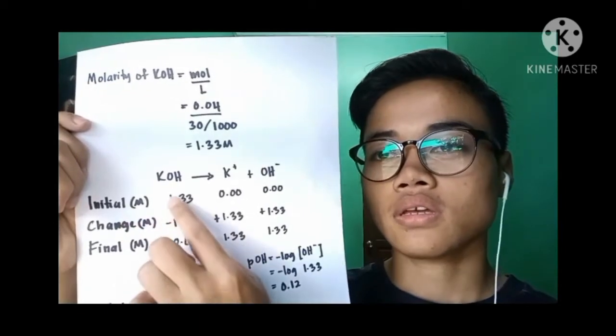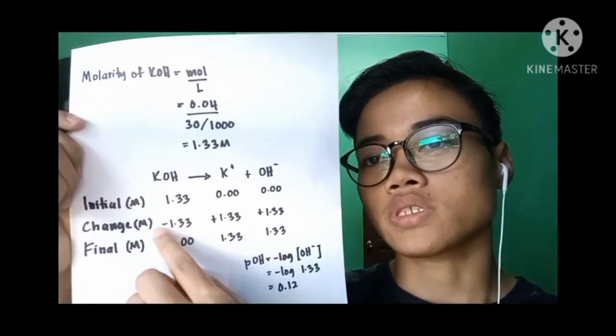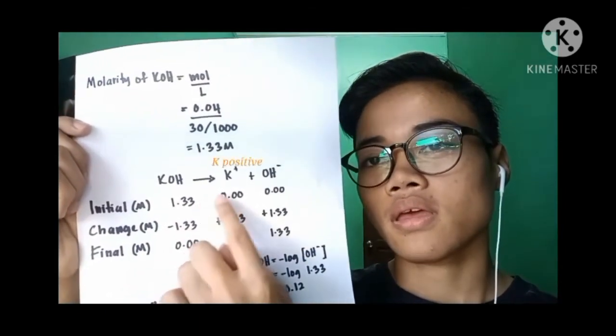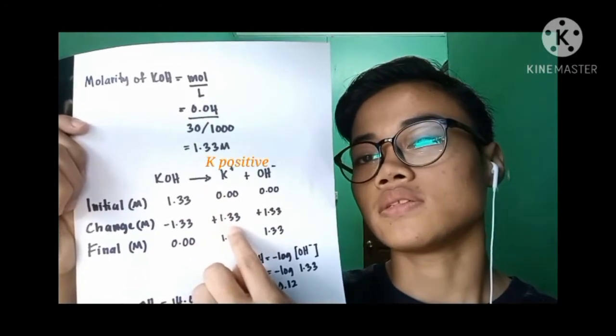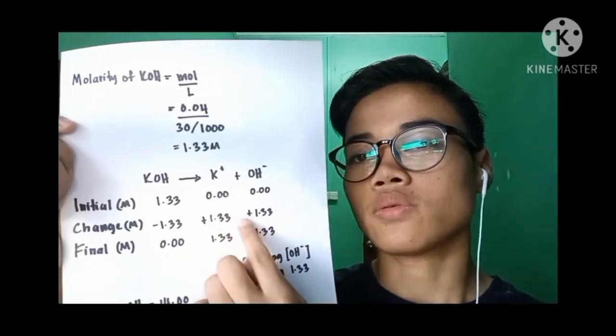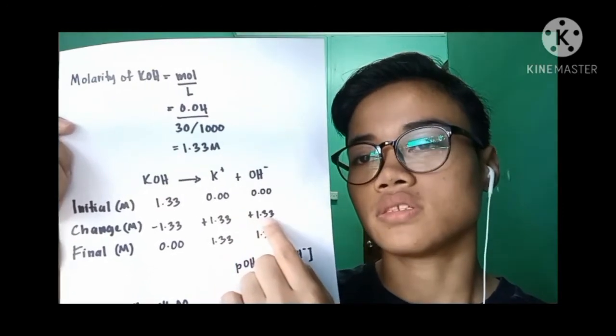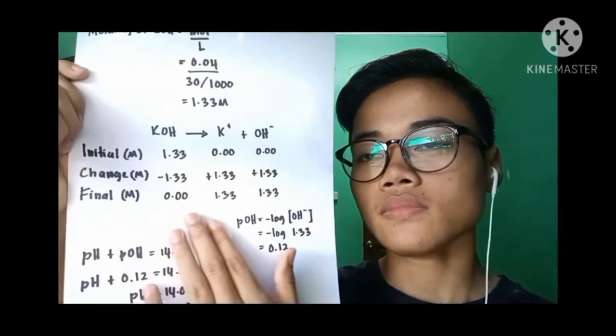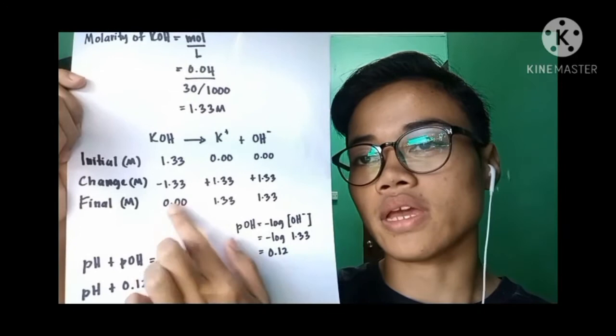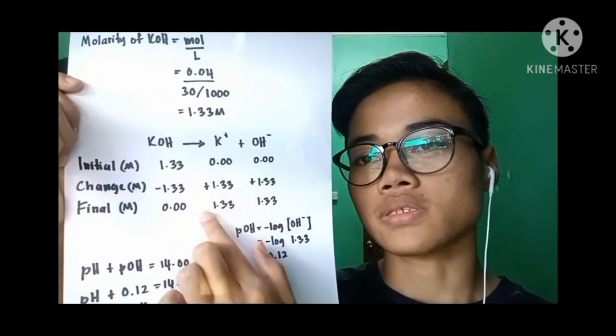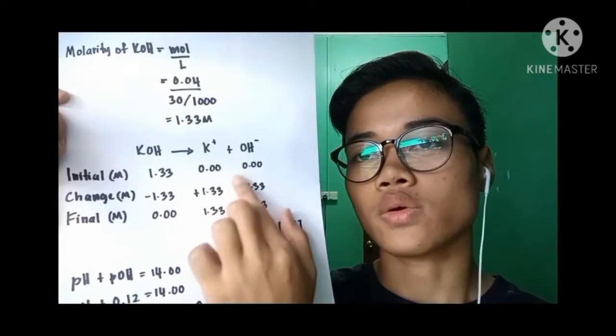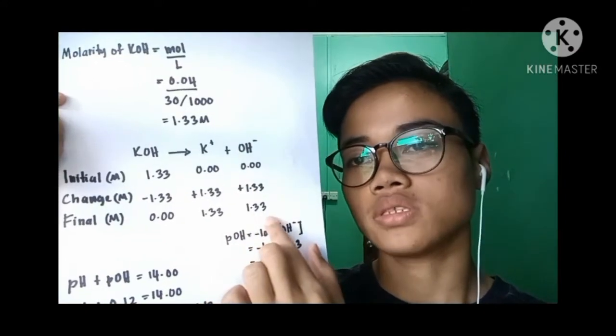At the change, potassium hydroxide we must minus 1.33, at K plus we plus 1.33, and OH negative also we plus 1.33. And the final, potassium hydroxide we will get 0, K plus we will get 1.33, and OH negative we will get 1.32.